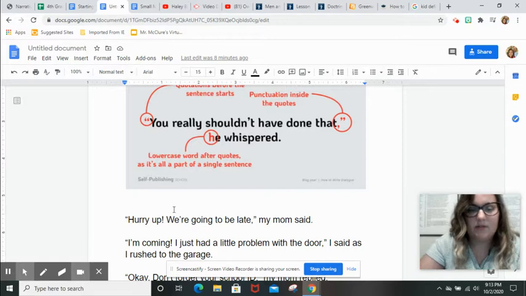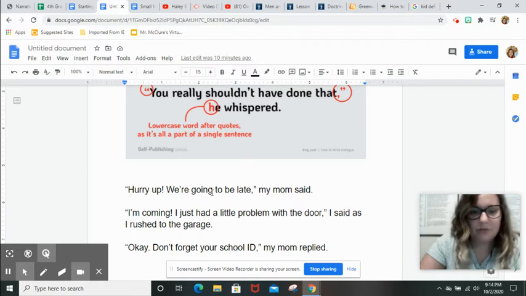Since it is all part of a single sentence, we have started our sentence with a capital letter, just like we have started this sentence with a capital letter. So we do not need to have a capital letter here. It is part of a single sentence, so it will remain a lowercase letter.